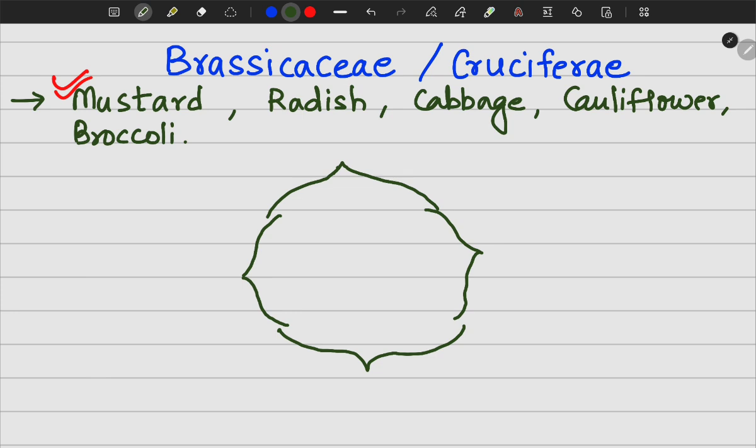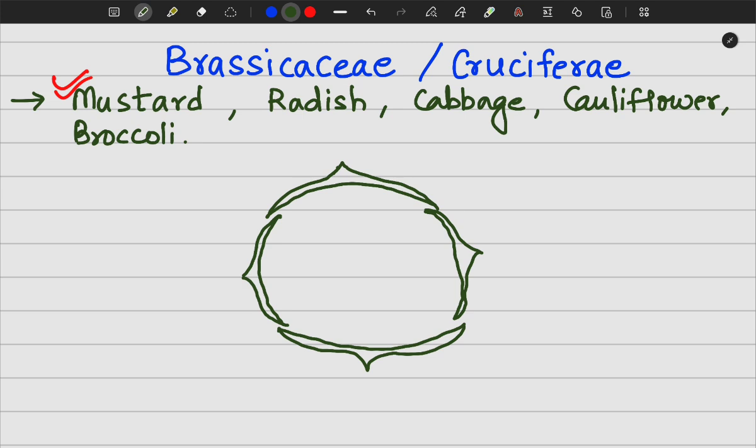If you remember, when we studied estivation, we studied imbricate estivation, where the sepals or petals are arranged in such a way that they overlap each other.